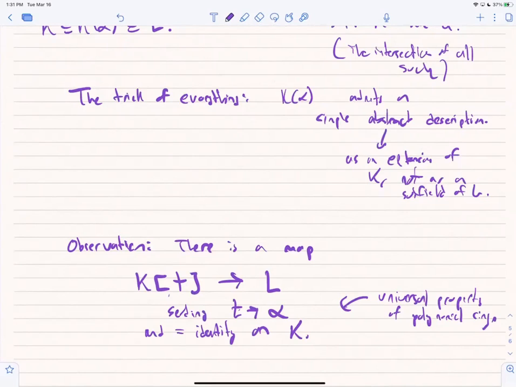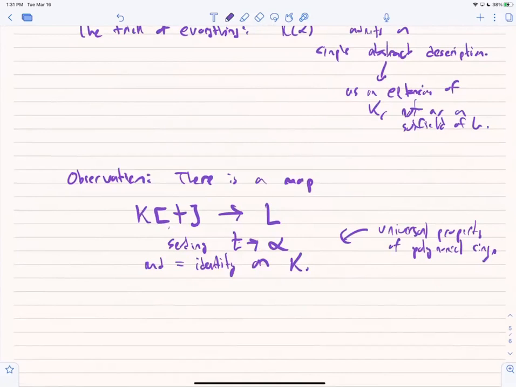Polynomial rings are left adjoint to the forgetful functor. Anyway, it's also sort of obvious from the definition, the concrete construction of the polynomial ring as well.